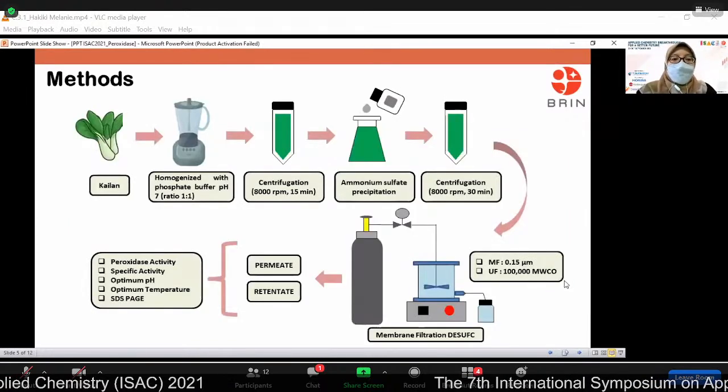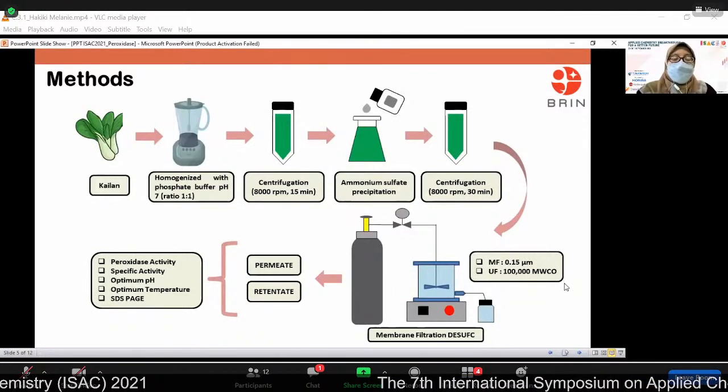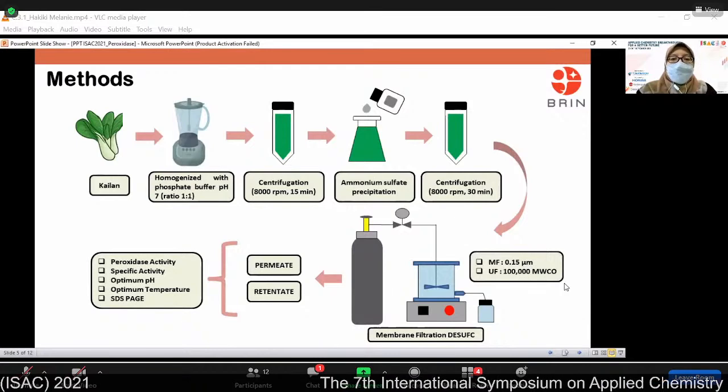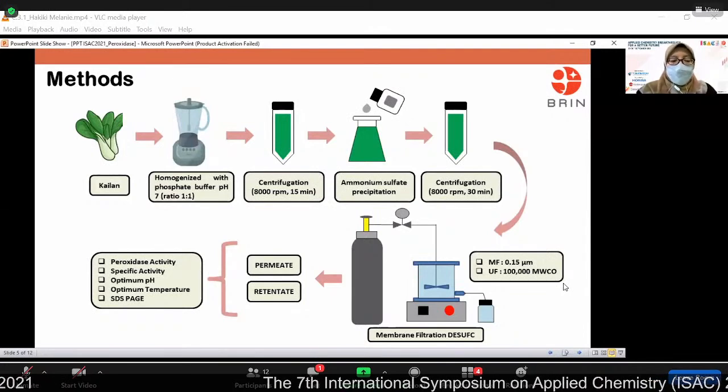For the method of this study, first, kailan is cut into small pieces and homogenized with phosphate buffer at pH 7 with a ratio of 1:1. And then the filtrate was collected by centrifugation at 8,000 RPM for 15 minutes.